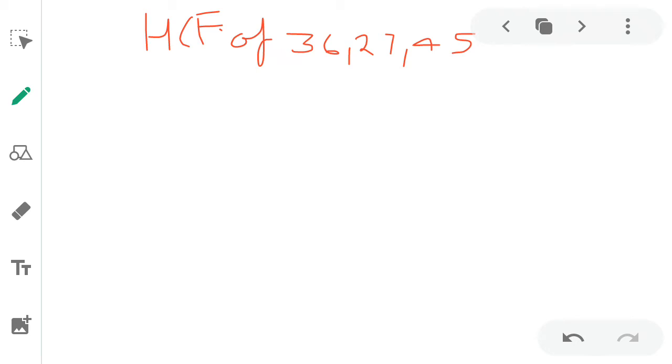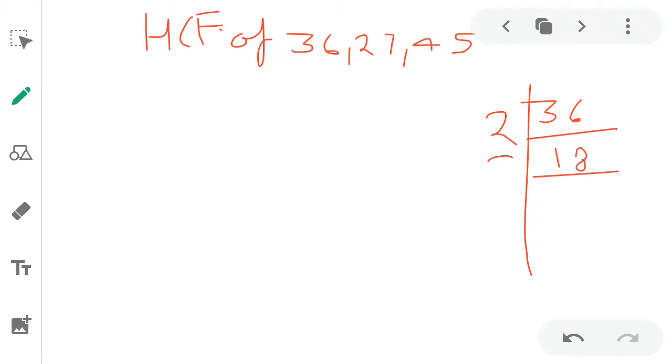We can find the prime factorization in rough. Suppose we want to find the prime factorization of 36. Simply in this manner we can divide: 18 times 2 is 36, 2 times 9 is 18, 3 times 3 is 9, 3 times 1 is 3. Now we write the prime factorization one by one.